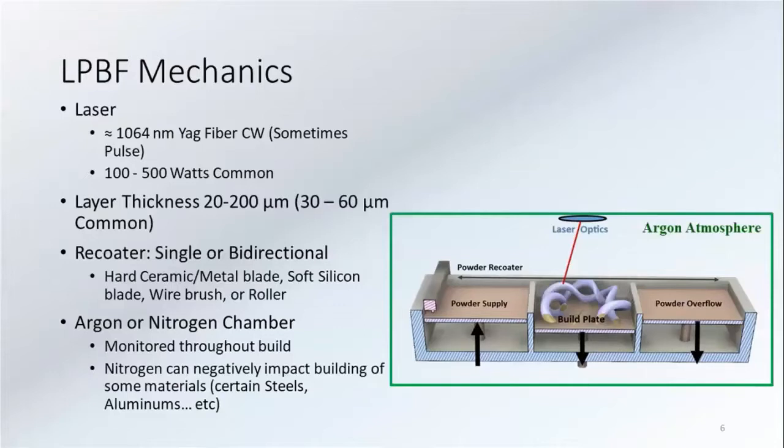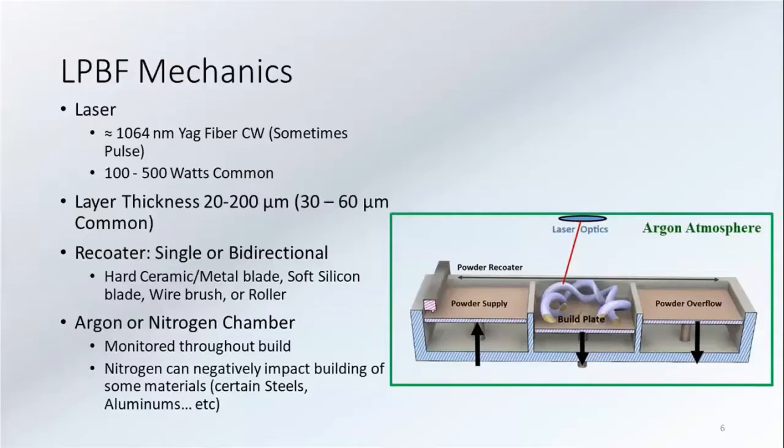Recoaters can go in one direction. They can go back and forth in a bidirectional pattern. If that's the case, you would have your overflows on the outside, and both of those would be supply hoppers. You can have hard ceramic recoater blades, metal blades, soft silicone blades, wire brushes, rollers. Most of them are very good.